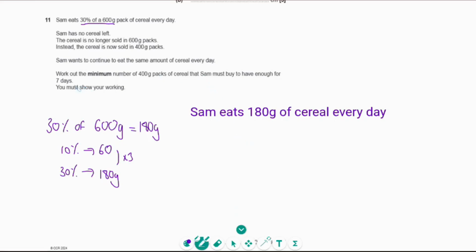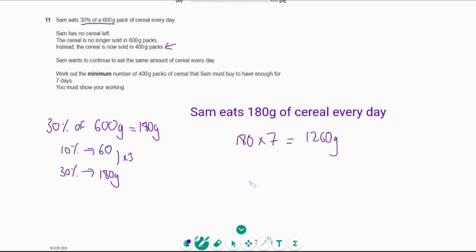So we're going to have a look at how much cereal he eats in 7 days. So let's times that 180 by 7. And again, calculator paper, just use your calculator. 1,260 grams. So how many 400 gram packets is that?